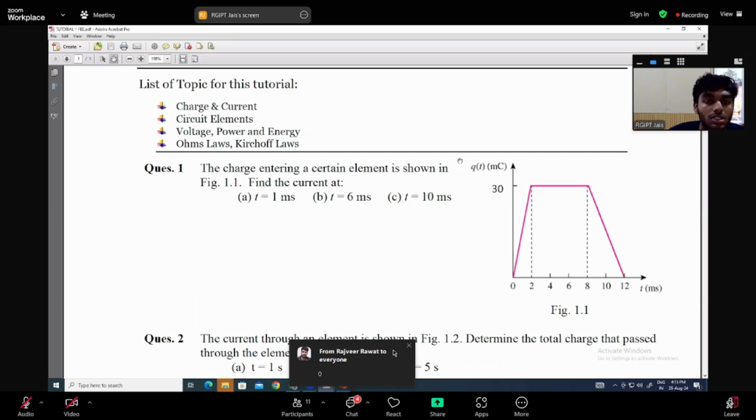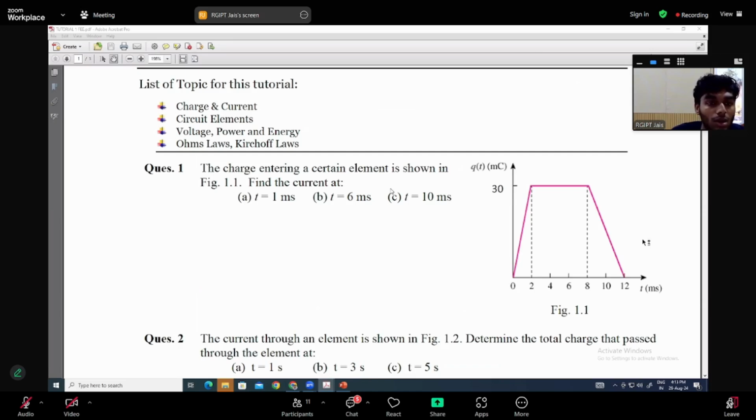I've got two answers to be 0. Can anyone explain why it is 0? Rajveer Rawat. No increase in charge. Nice. Yes, there is no change in the slope, so the current passing through that element is 0.